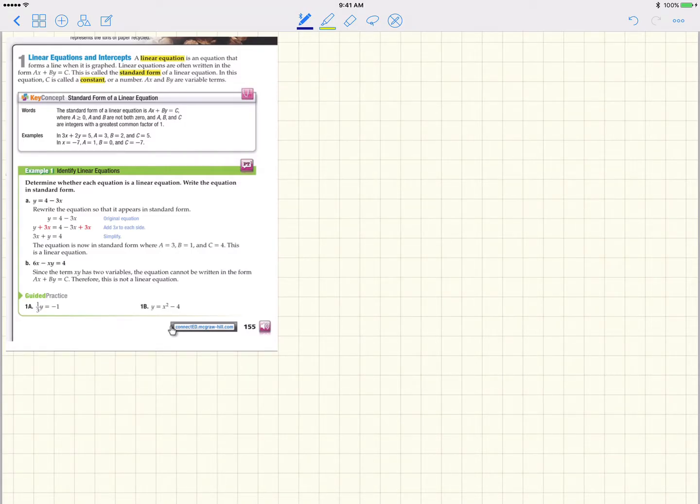So what is the standard form of a linear equation? The standard form of a linear equation is an equation that is written as a times x plus b times y equals c. So some value times x plus some value times y equals some constant value c.